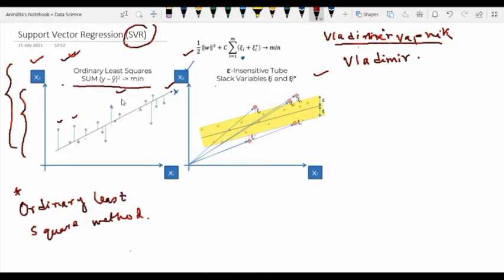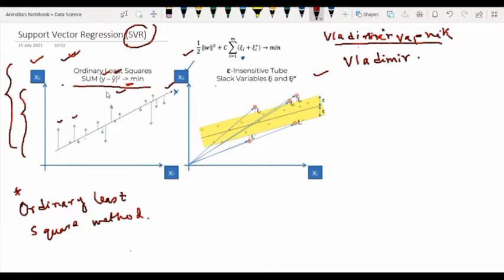Basically here we want to minimize the distance between the actual value, known as y, and y hat. This is the actual value y, and this is your y hat. The main aim is to minimize the distance between y and y hat.